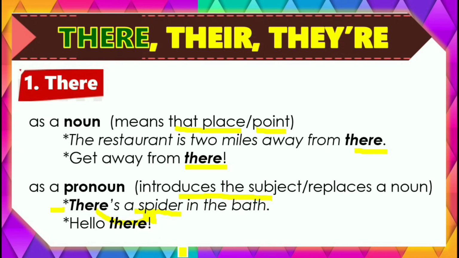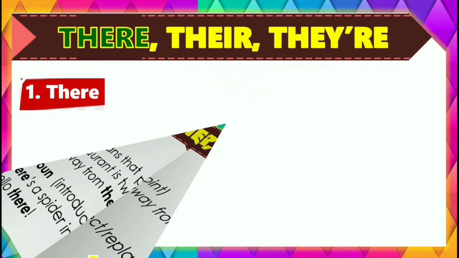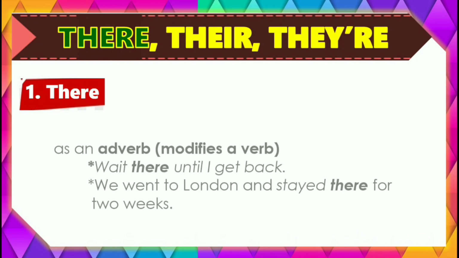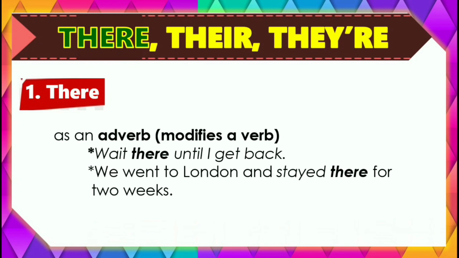Another function as a pronoun is it can actually replace a noun. Take this example. Hello there. Instead of saying, hello Cindy, hello David, you replace the word Cindy and David with the word there. Hello there.